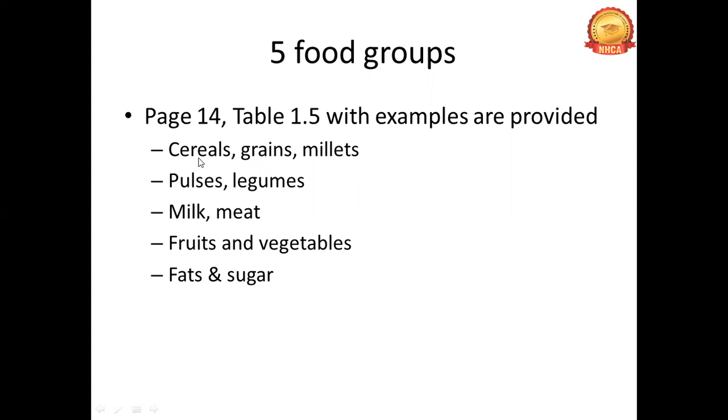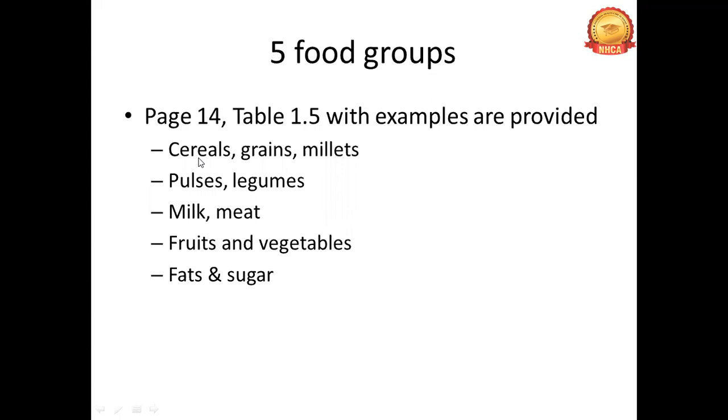So for Indian diet plan, it's better to focus on the 5 food group diet plan. Make sure whatever diet plan you make, examples are given. The first food group is your cereals, grains, and millets: ragi, bajra, makka, jowar, barley, rice, wheat, wheat flour, rice flakes.